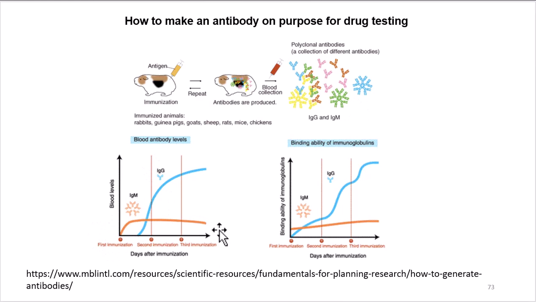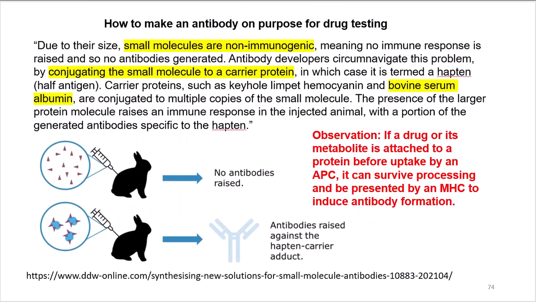IgMs are quick recognizers, and then they switch over, remember, through that B clonal expansion to IgGs. And we see that the binding ability of the antibodies, especially the IgGs, improves over time, where that isn't so with the IgMs. There are some companies that contract out to make antibodies against drugs.